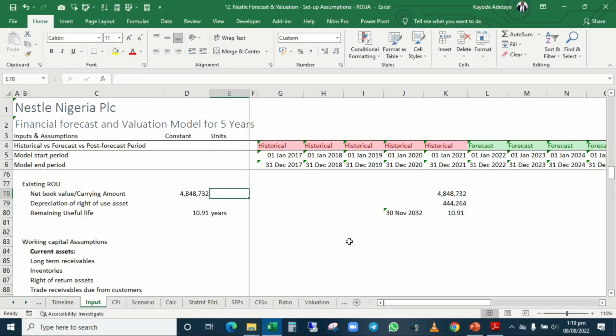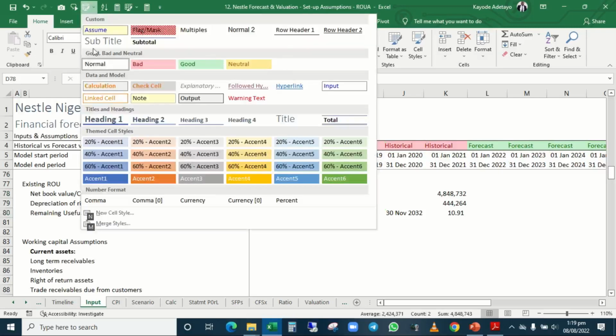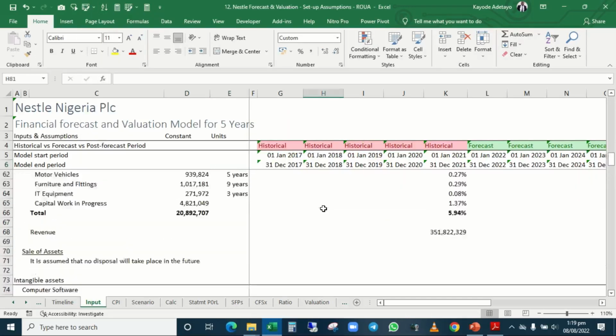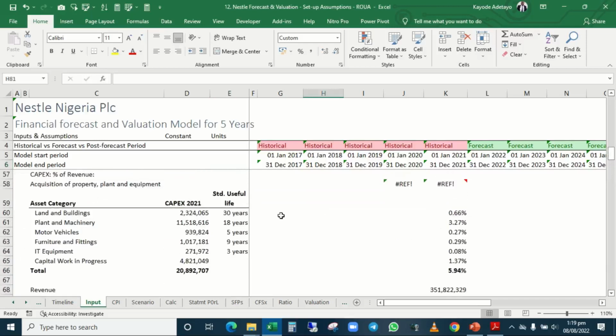Maybe we need to show the amounts in 1,000 naira, instead of having the figure on top, so that we know these are in thousands of naira. So this is what I need, and I can click this and apply the formatting for assumption, so that I know that's what is driving me. Let me do this as well.